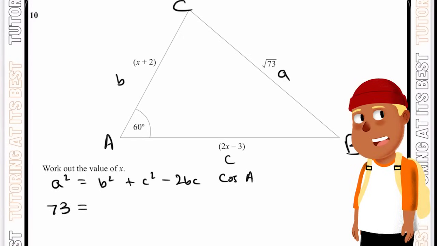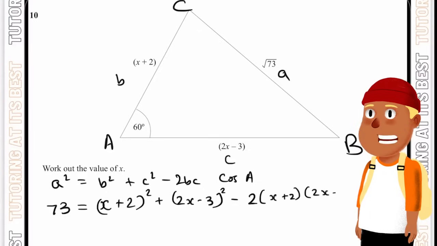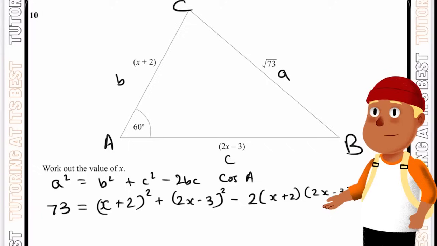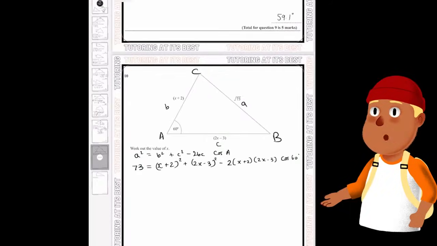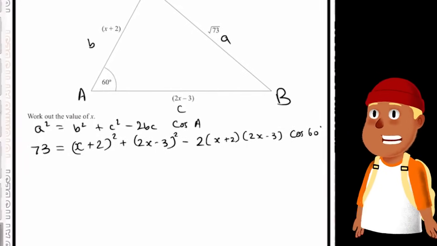So I'm just going to substitute everything in. So that's x plus 2 squared plus 2x minus 3 squared minus 2 times b and 2 times c. And then we'll have our cos 60. Again, I'll perhaps make this slightly longer for everybody to see. So now I've gone ahead and substituted that all in.